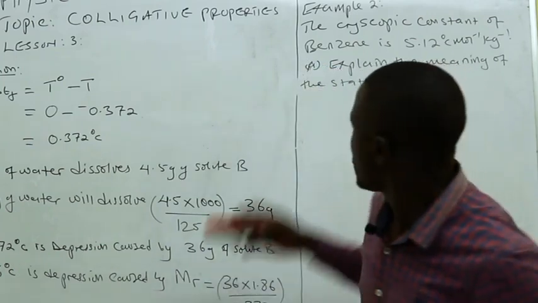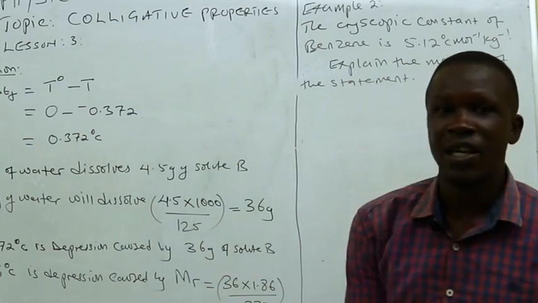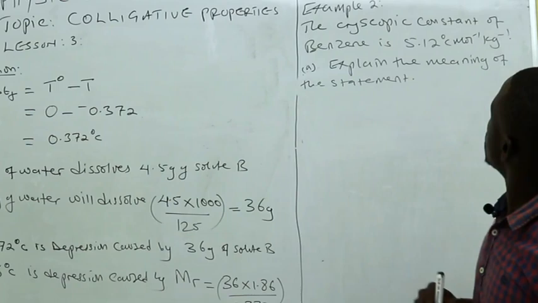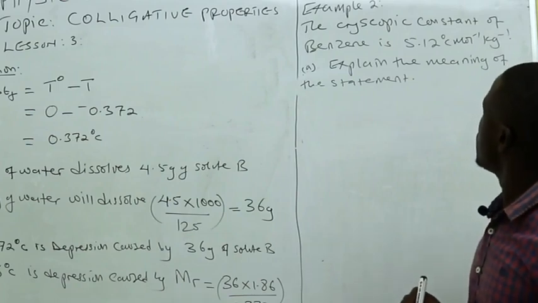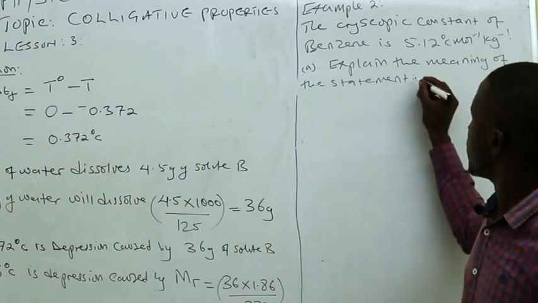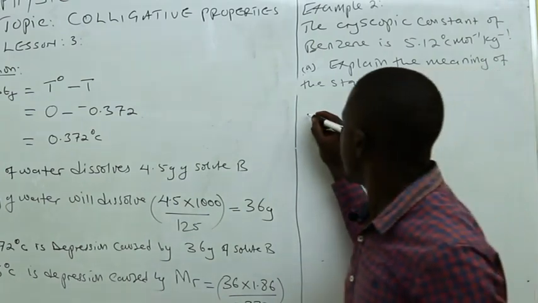Explain the meaning of this. What does it mean to say that the cryoscopic constant of benzene is 5.12? Okay? What does that mean? Part B.